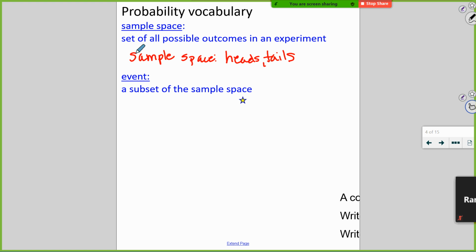A subset of the sample space is called an event, and that would be something like, I'm looking for heads. That would be an event. So the sample space is everything that's possible. An event is we're going to pick one of those, and we're going to find the probability.